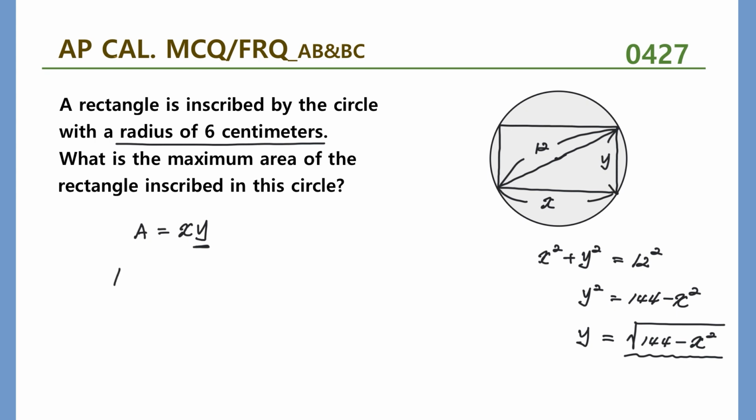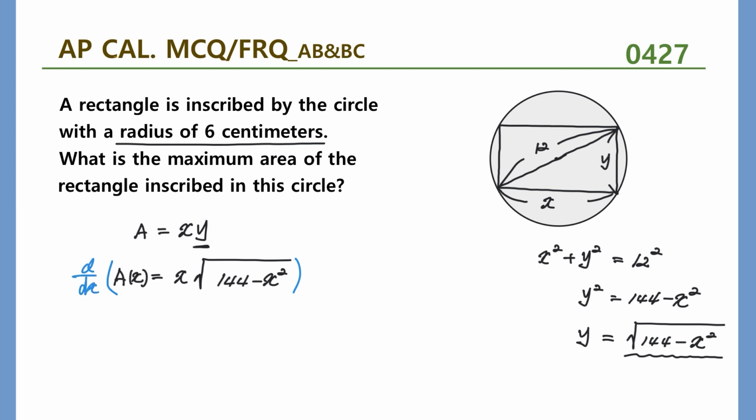So our area is equal to x times the square root of 144 minus x squared. Our area is in terms of x, a one variable equation. Now differentiate this equation with respect to x.